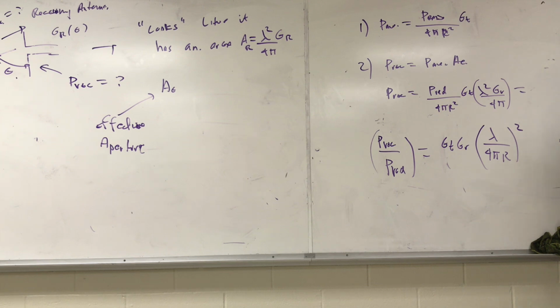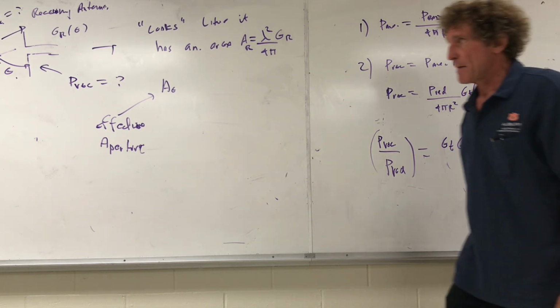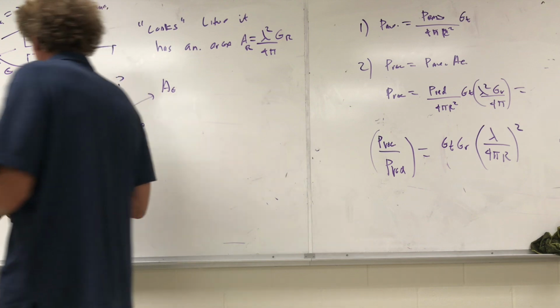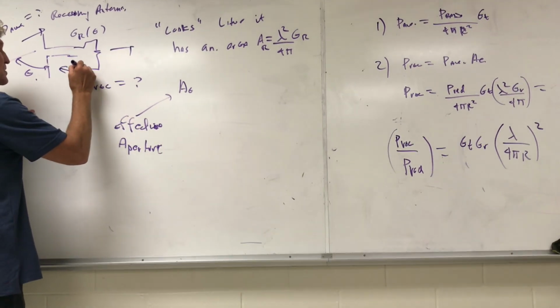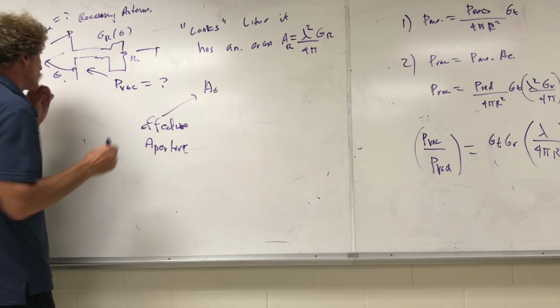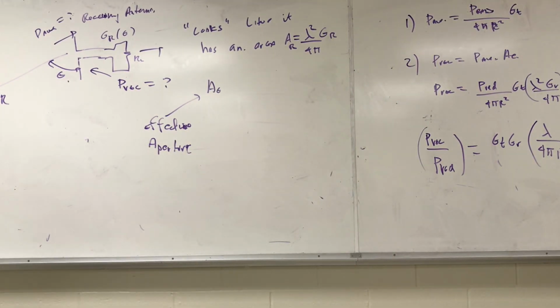Now I've got to be clear about this. That power received is not the power available to a load. So if we put a load here, attach it to the actual terminals of the second antenna, the most possible power you can get out of that is half the incident power received. The other half is re-radiated.